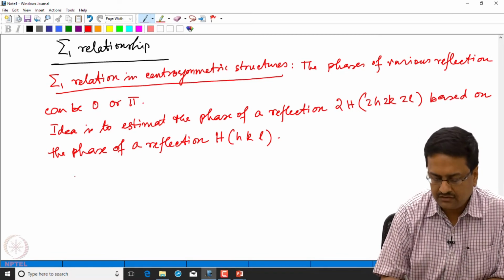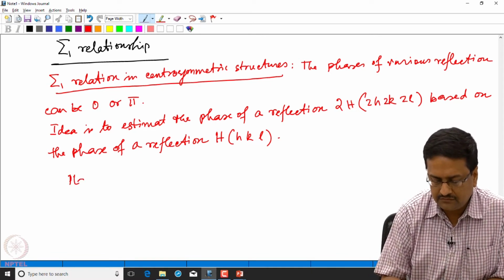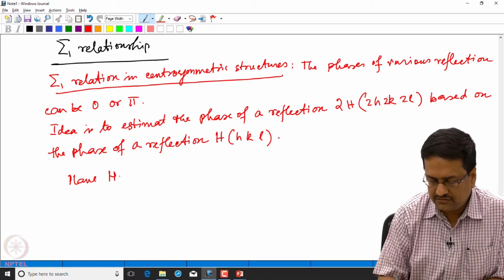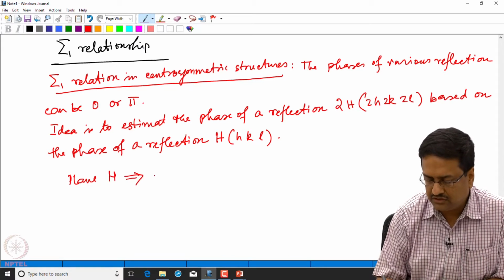So when we write the plane H, it means we are talking about the plane hkl.